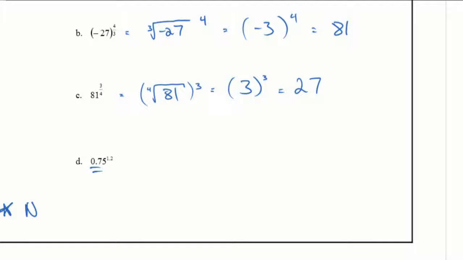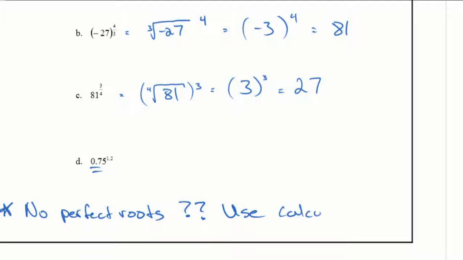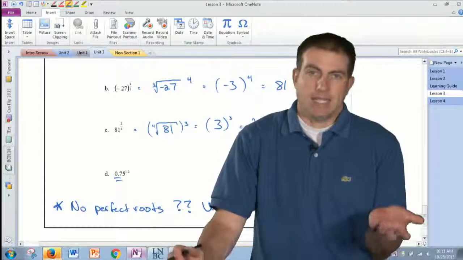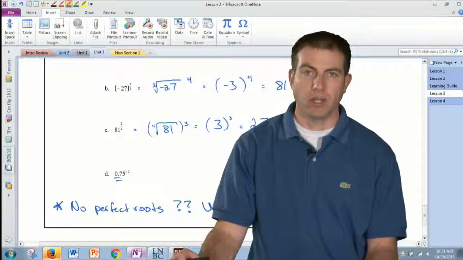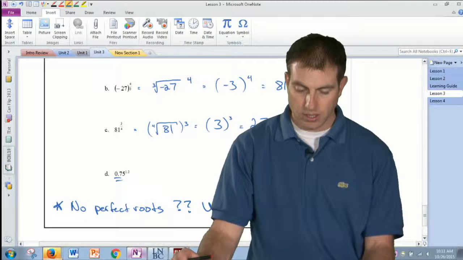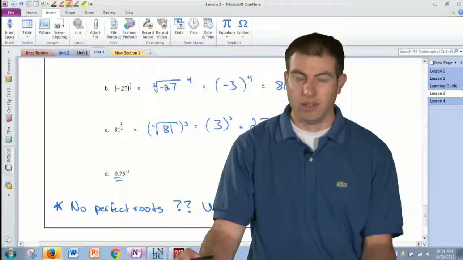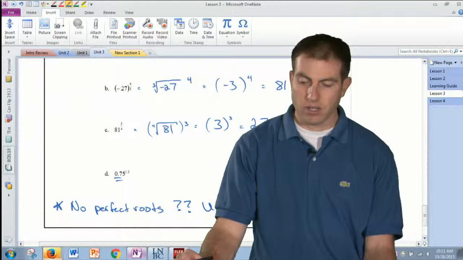If we don't have any perfect roots, we have to use our calculator. So I don't have a perfect root here. 0.75, it's not a perfect cube, it's not a perfect square, it's not a perfect 4th root. The 1.2 I could rewrite as 12 over 10, but that really doesn't get me very far.